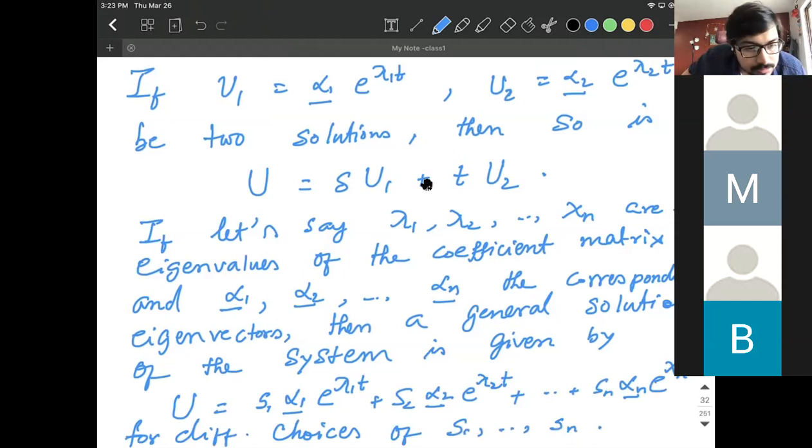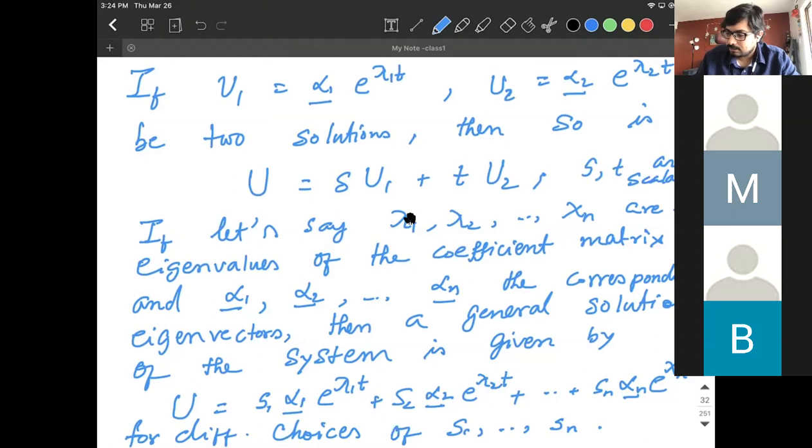What is the S? Here, S and T are scalars. So you take a linear combination of the two solutions, you get another solution. That is the philosophy.